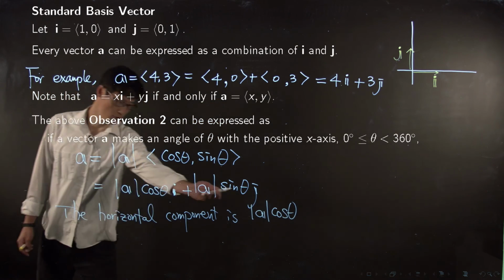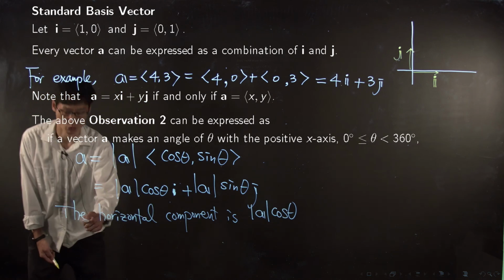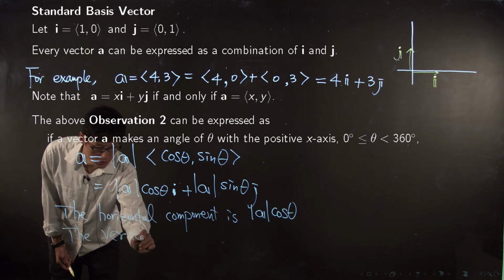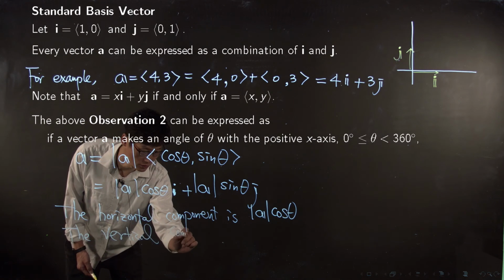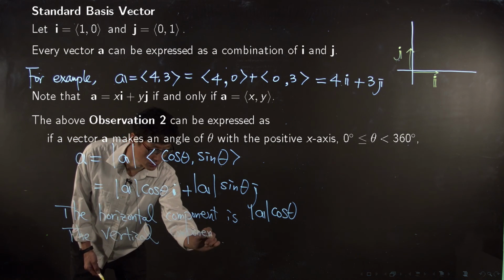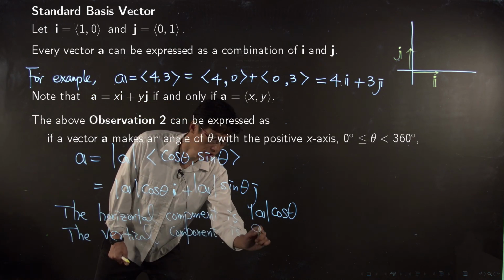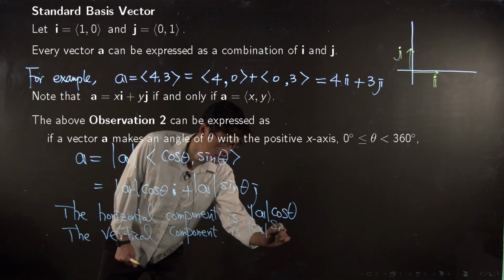And then the remaining part gives you the vertical component. The vertical component is the second part, A times sine theta.